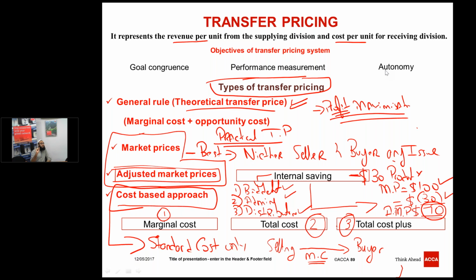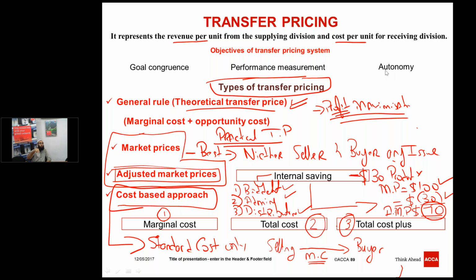But dear management accountants, I mentioned there that it will not just be marginal cost. The seller will try to sell for marginal cost or more. Can you recall that figure of 740?